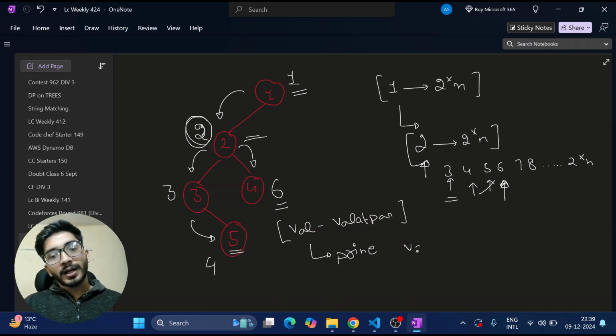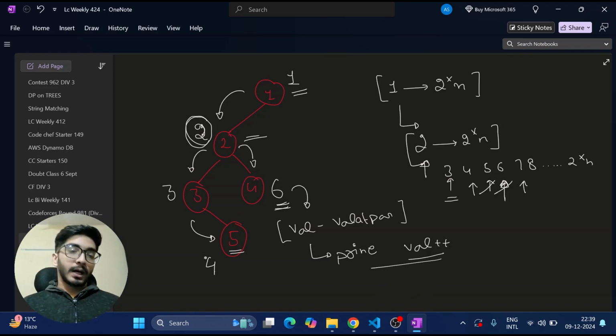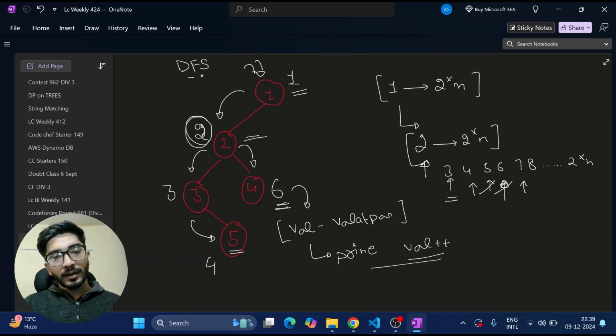So in that case, I have to make my pointer go to the next position. And if this works, I know I can put this value. So just put the value here and move the pointer. And I'm just using a DFS here to iterate over my tree.